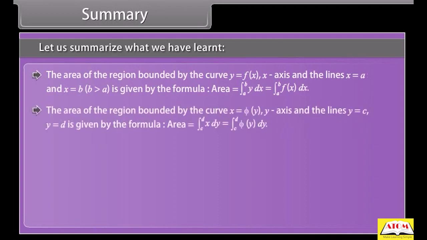The area of the region bound by the curve x equals phi of y, the y-axis, and the lines y equals c and y equals d is given by the formula area is equal to the integral from c to d of x with respect to y, equals the integral from c to d of phi of y with respect to y.